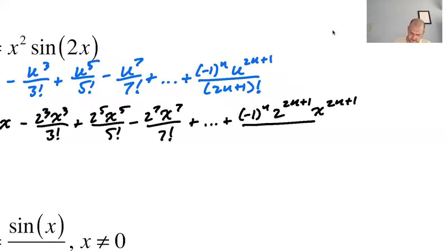So I haven't really mentioned this yet. I pretty much will never leave a product or a quotient to a single power. So instead of writing the quantity 2x to the 2n plus 1, that's a product raised to a power, I always break it up into the first thing to the power times the second thing to the power.